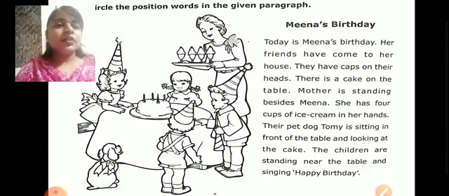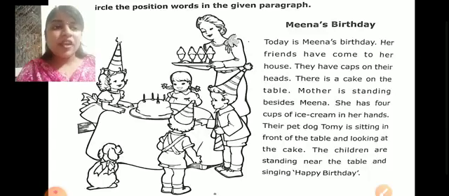Now, here, Meena's birthday. Today is Meena's birthday. Her friends have come to her house. They have caps on their heads. There is a cake on the table. Mother is standing beside Meena.